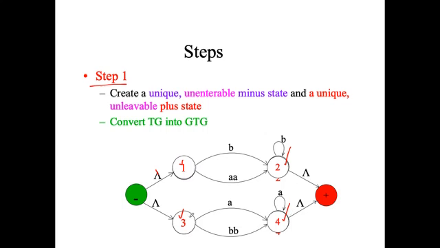Remember, by doing so we need to remove the minus states from here and the plus states from here. These are no longer plus states. So what we did, basically we converted the transition graph to a GTG. Remember, in transition graph we did not talk about lambda transitions, but in GTG we have lambda transitions.